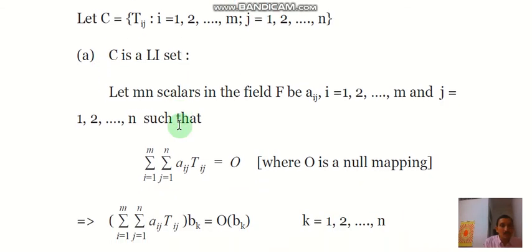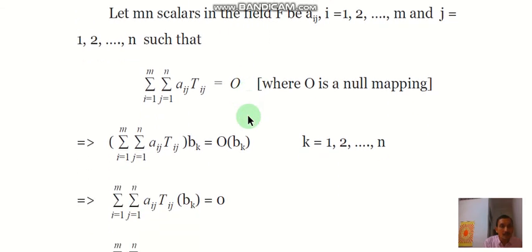To prove that this is a linearly independent set, we take mn scalars aij, with i varying from 1 to m and j varying from 1 to n, such that the double summation of aij Tij equals 0, where 0 is the null mapping.